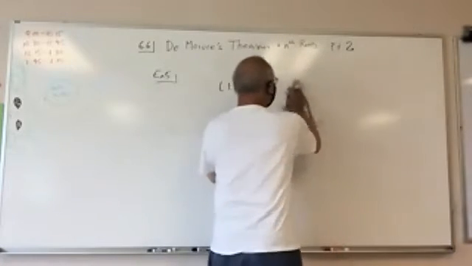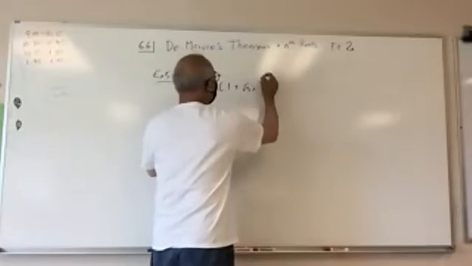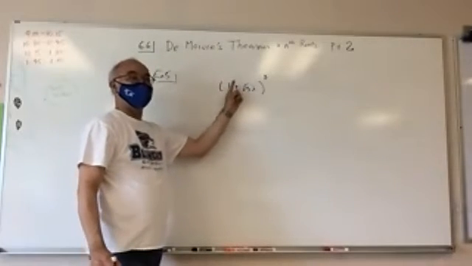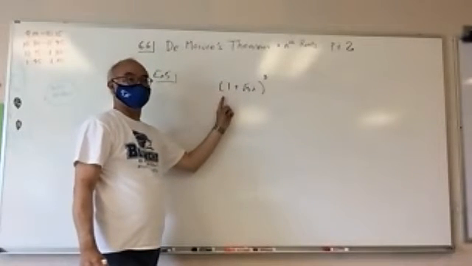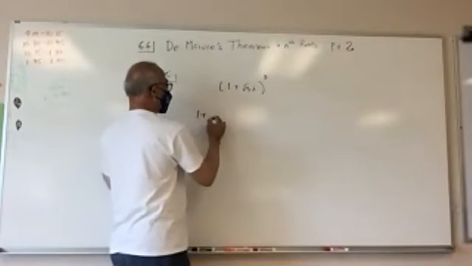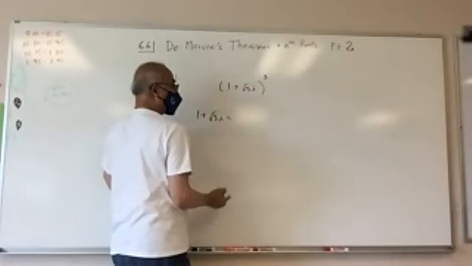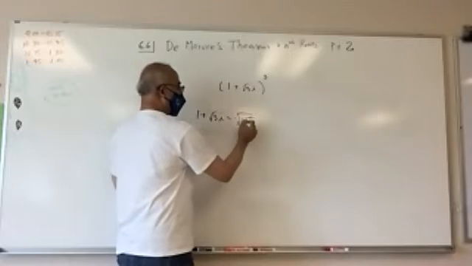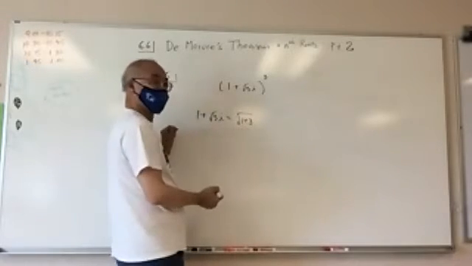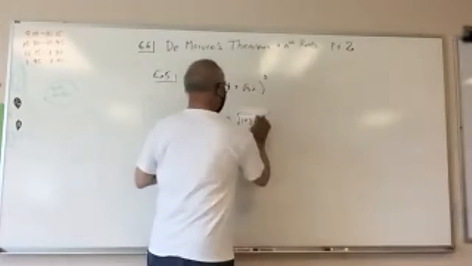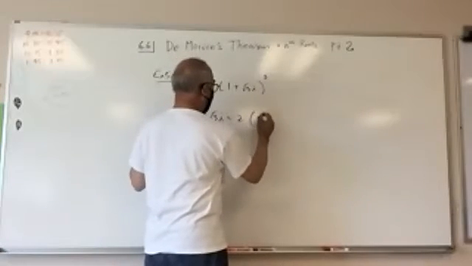Let's use DeMoivre's theorem. So in order to use DeMoivre's theorem, we have to put this guy into R cosine theta plus I sine theta, correct? So let's go ahead and do that. So let's go ahead and see if I can solve this guy first. So R would be what? Square root of 1 plus this squared, which is this, right? Which is 2. So I'm going to pull the 2 out.